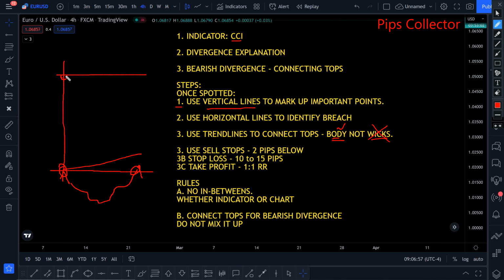You are not connecting a peak to another irrelevant area on the indicator. You must connect peak to peak. So peak A to peak B on the indicator, body A to body B on the chart.